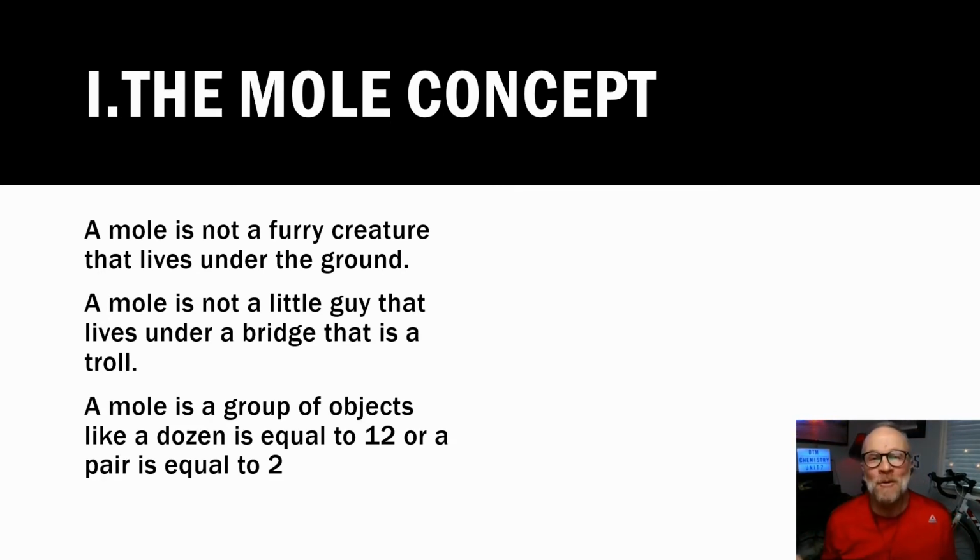A mole is a group of objects, like a dozen is equal to 12, or a pair is equal to 2. So you may be asking yourself, well, why do we use the word mole as a grouping? Well, I think it goes back to a Latin term. A mole means a bunch of stuff, basically, in Latin. And so it's a grouping of things.